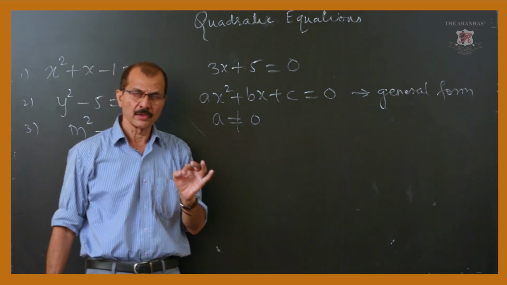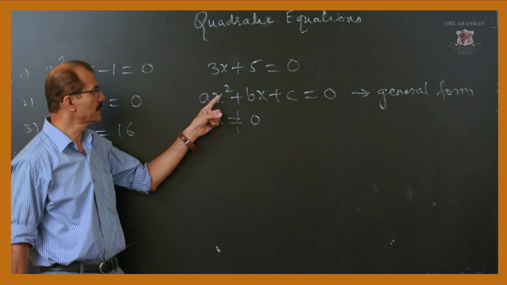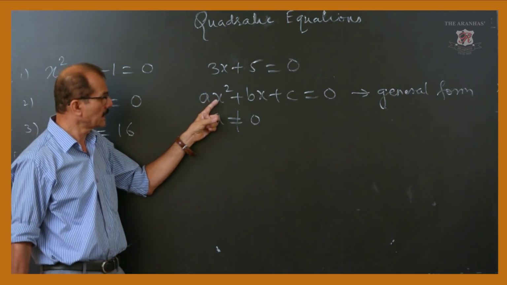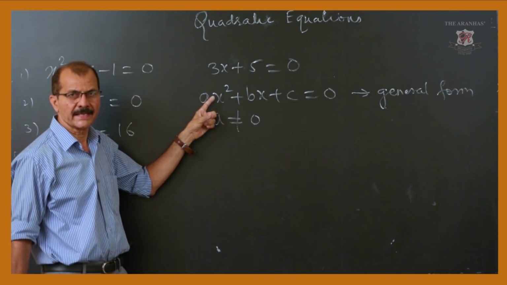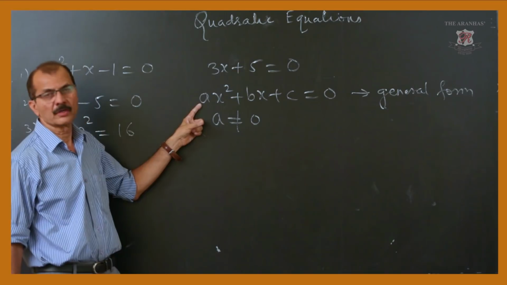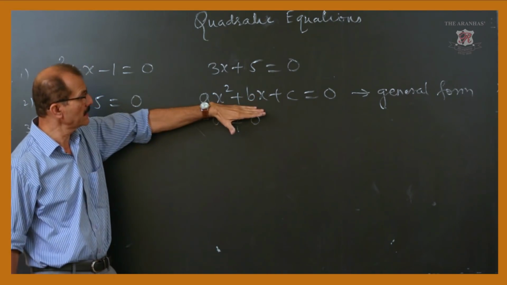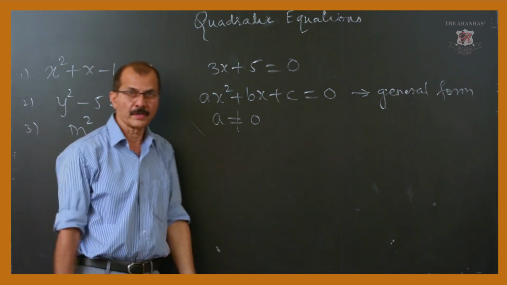So, in short, the coefficient of the x square term, whose index is 2, should not be 0. So, A is not equal to 0. This is the general form of the quadratic equation.